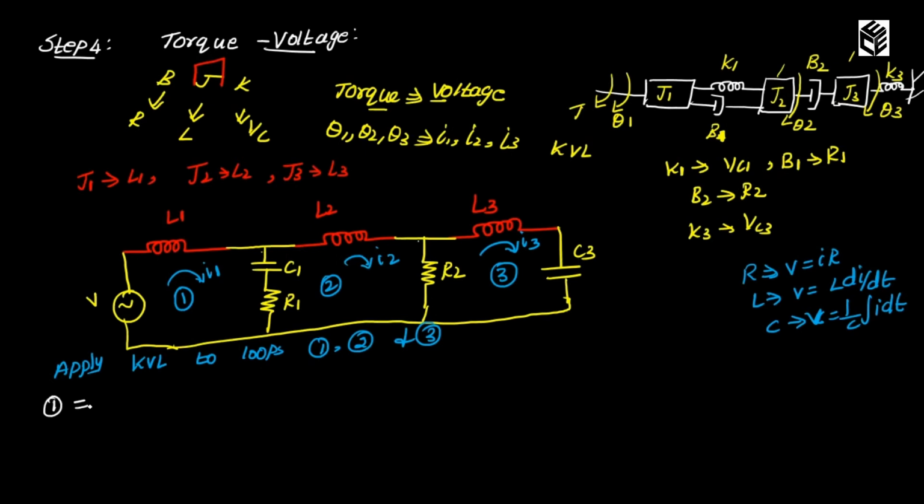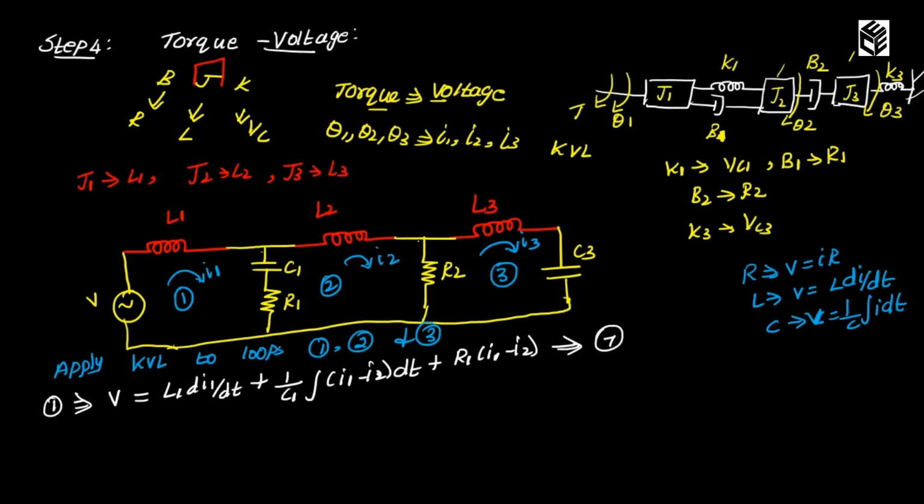So for loop 1, I have an applied voltage V. V is equal to L1 di1 by dt plus 1 by C1 into integral of I1 minus I2 into dt plus R1 into I1 minus I2. I am taking this as equation number 7.